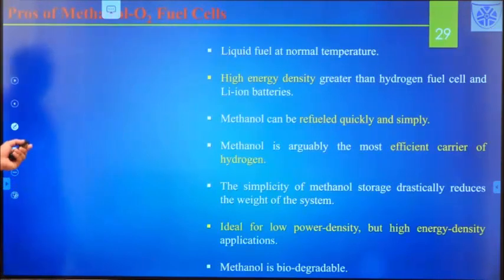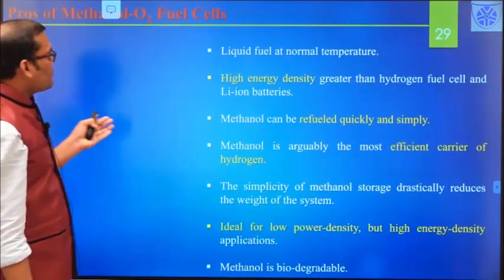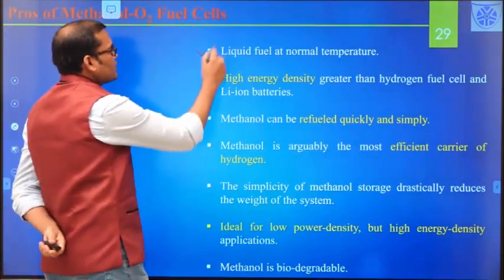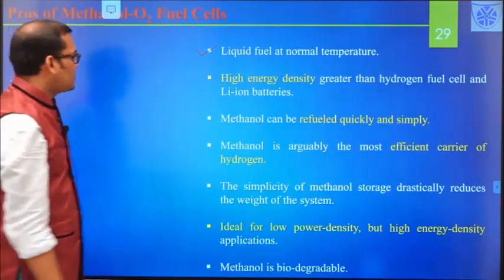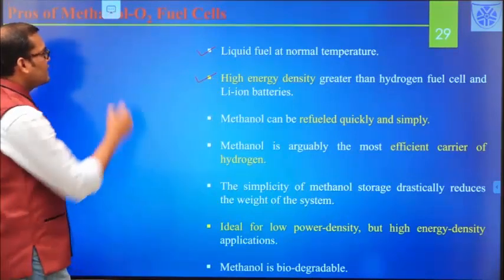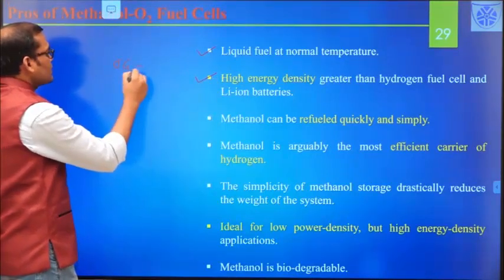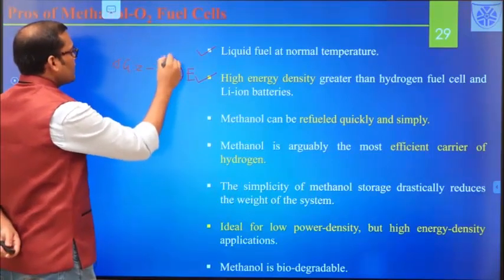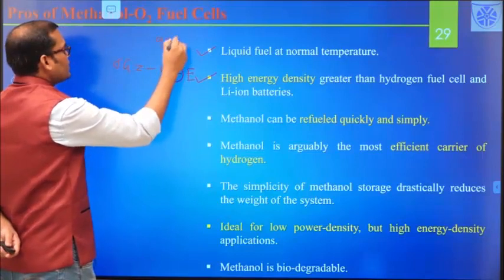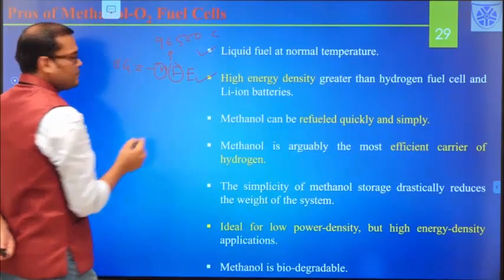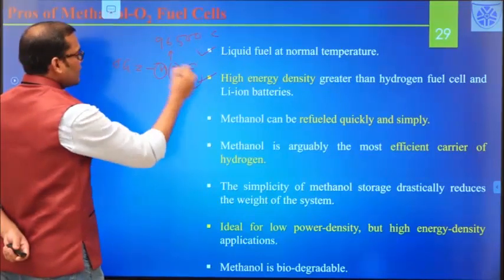So what are the advantages of the methanol oxygen fuel cell? It is a liquid fuel, so at normal temperature we can use it. It has a high energy density. How can I say it is high energy density? If you remember this equation, minus nFE, where F is the constant, which is 96,500 coulomb. The only dependent quantities are the number of electrons and total cell voltage.